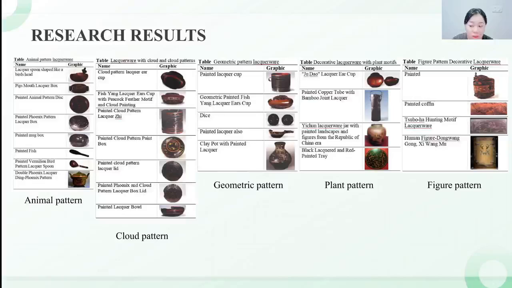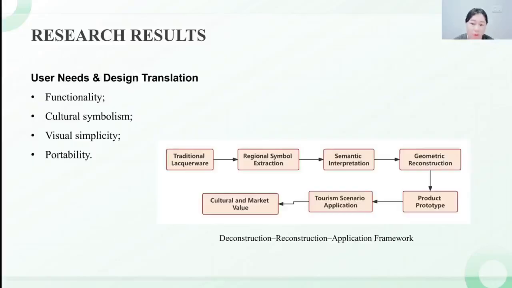In addition to analyzing traditional patterns, this study also conducted design research by exploring user needs. Through preliminary testing and expert interviews, this study identified 4 core design requirements: functionality, culture, innovation, and so on, which means seamless and productive fit.